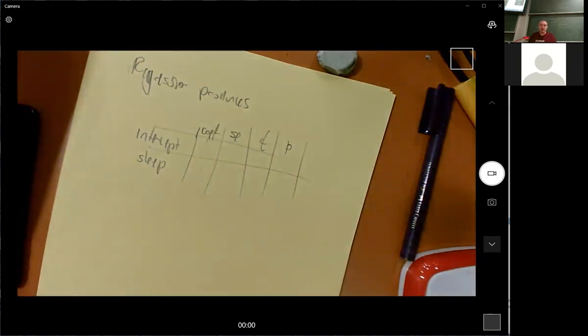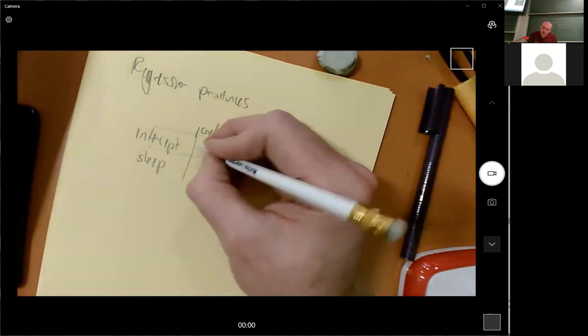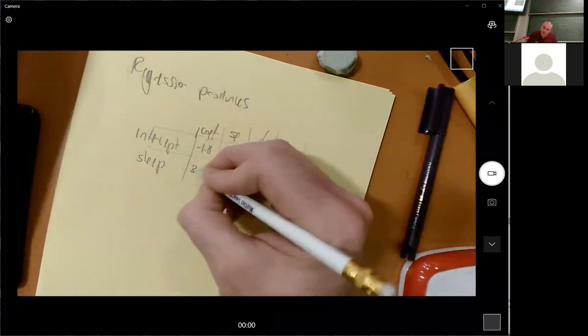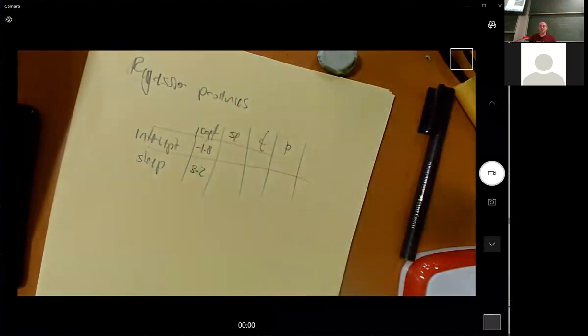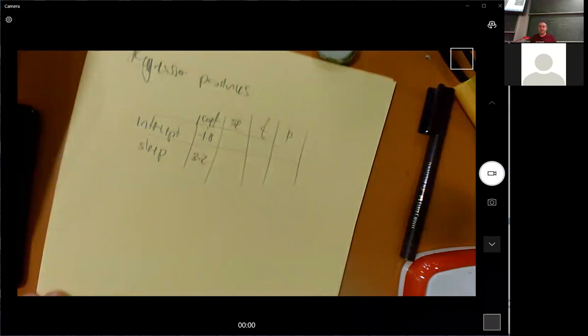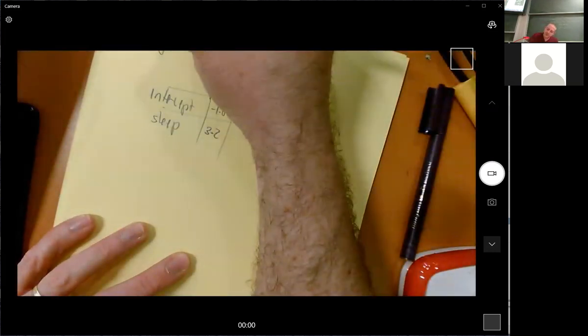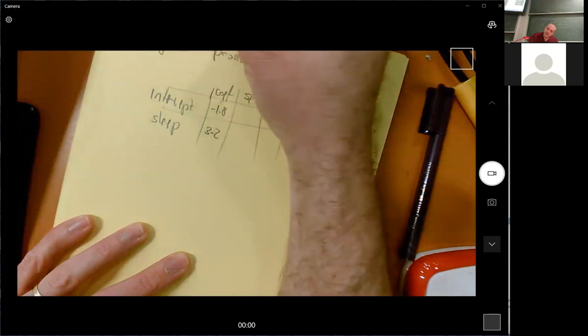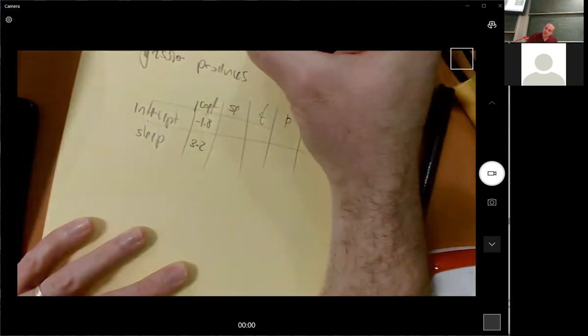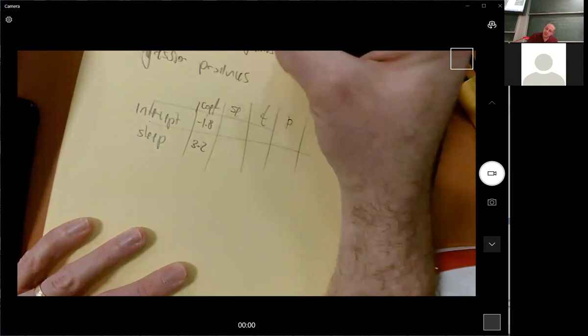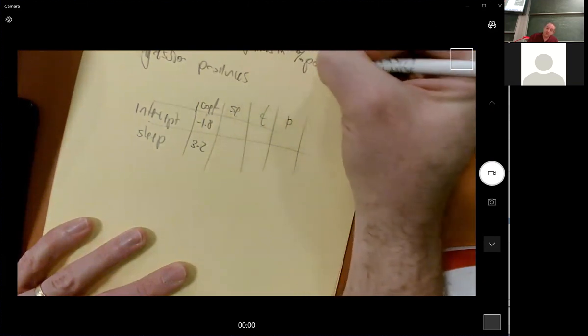So let's assume that this came out as like minus 1.8 and 3.2, for example. This is going to be really bad, and it's not going to match with reality, but just pointing it out. Let's suppose that we've got sleep in minutes and grades in percentage points.